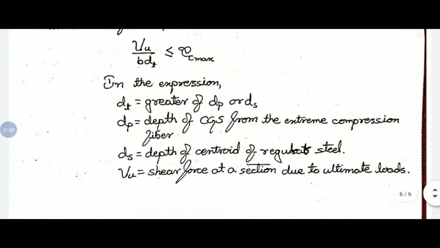In this expression, dt is the greater of dp or ds. dp is the depth of CGS from the extreme compression fiber and ds is the depth of the centroid of regular steel. Vu is the shear force at a section due to ultimate loads.